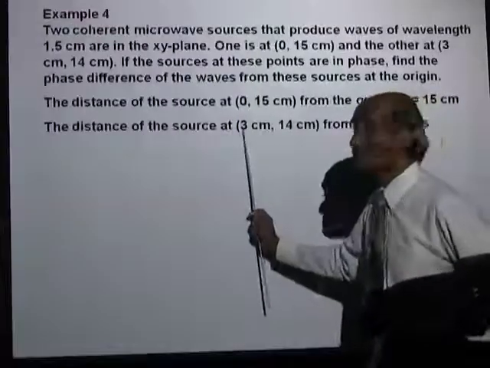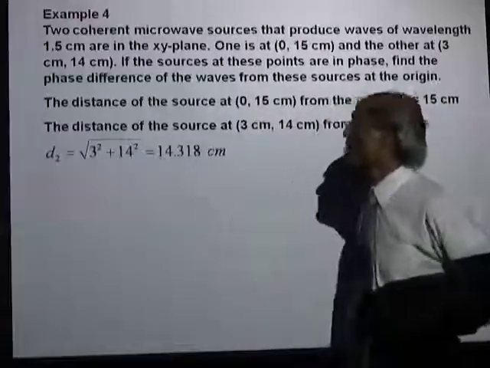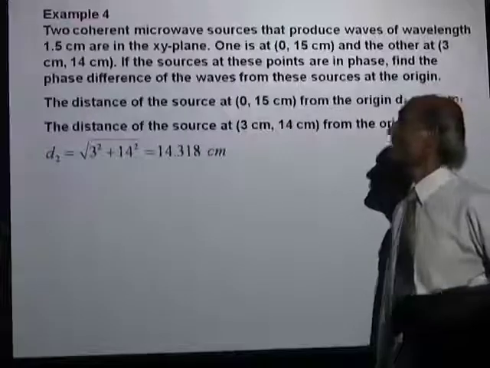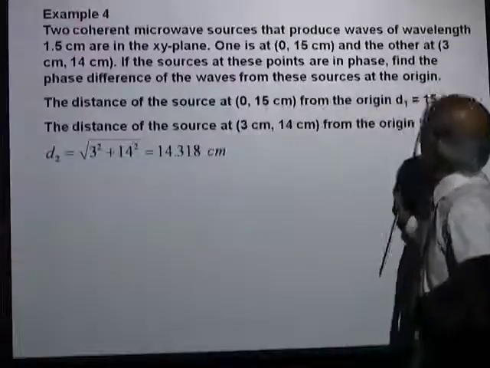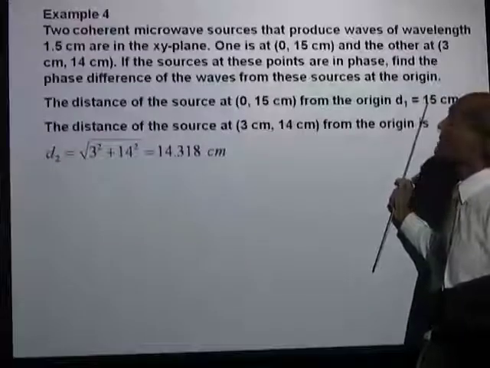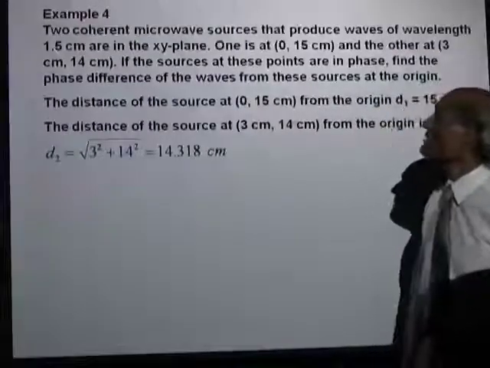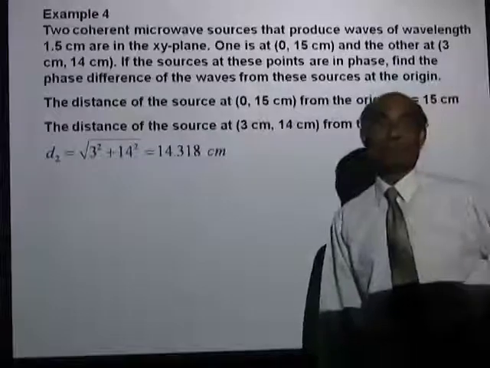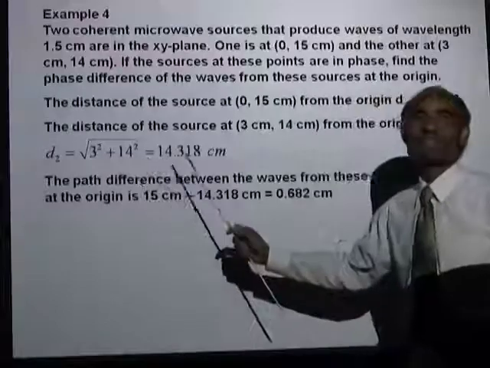It will be square root of 3 squared plus 14 squared, that is 14.318 centimeter. So, one source is 15 centimeter from the origin, the other source is 14.318 from the origin.